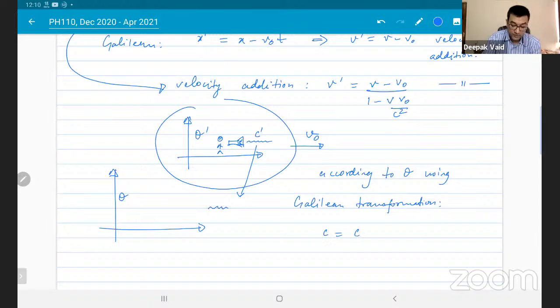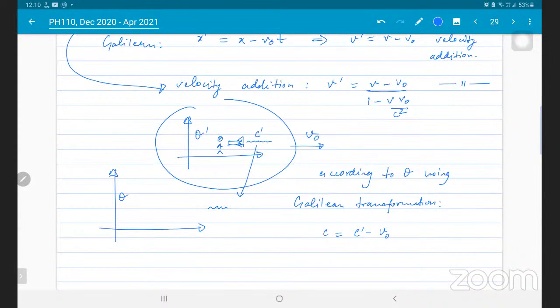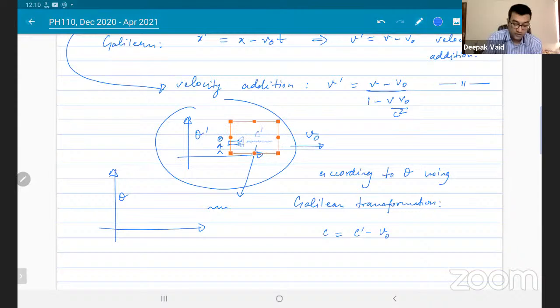It is C is equal to C prime minus V naught. This is the velocity of the object or the wave in this frame of reference. So as seen by this observer, the same object or wave has a velocity C prime minus V naught, right?